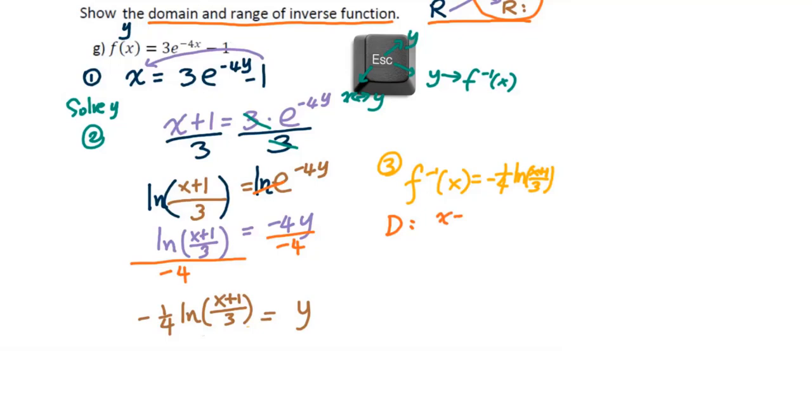The argument (x + 1) over 3 has to be greater than 0. We solve this inequality, multiplying by 3 on both sides. You get x plus 1 greater than 0. So subtract 1 from both sides, and we get x greater than negative 1. That's the domain for this inverse function. Range, it will be all real numbers.